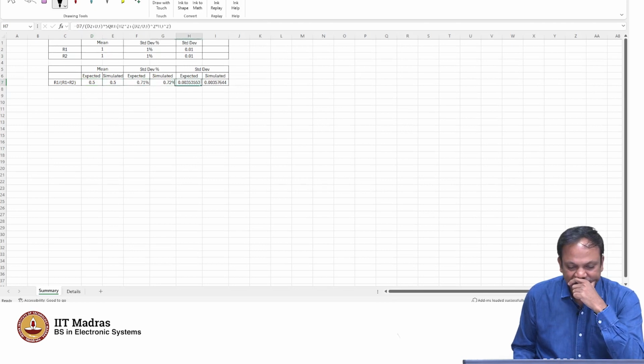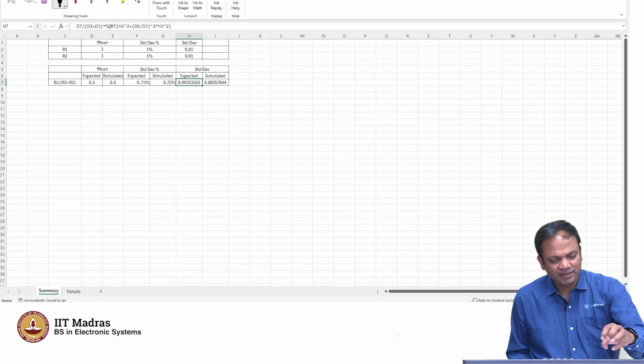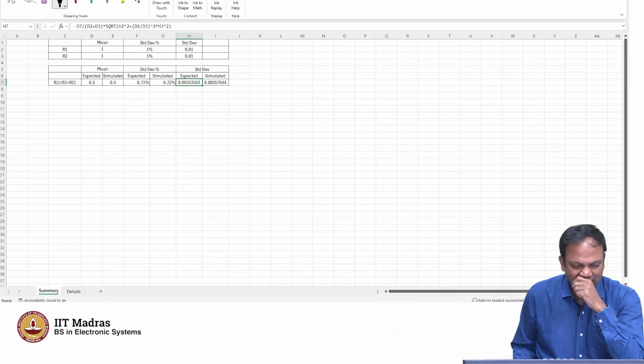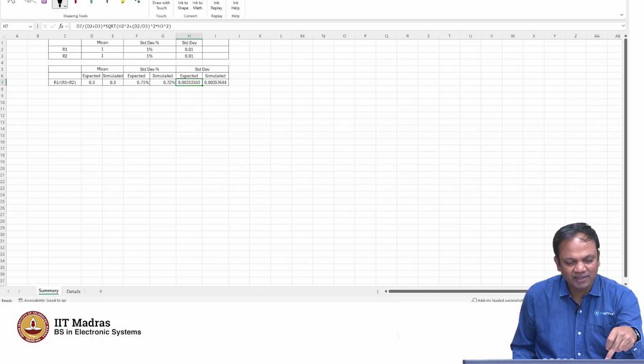If you look at the standard deviation, then I have the formula that we derived, where it is D7, which is V out, divided by R1 plus R2. That's the first term that you see.